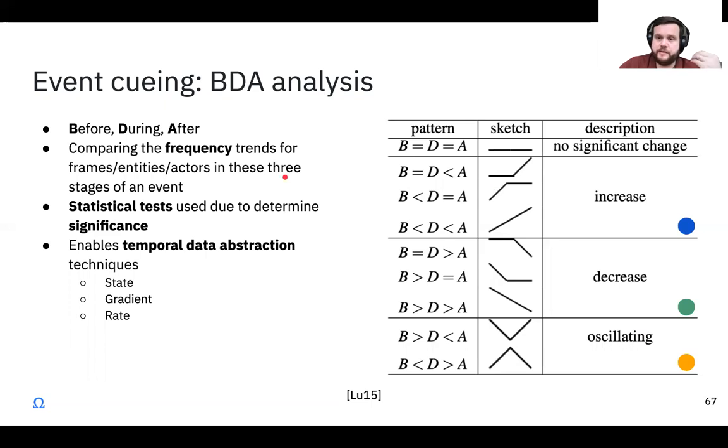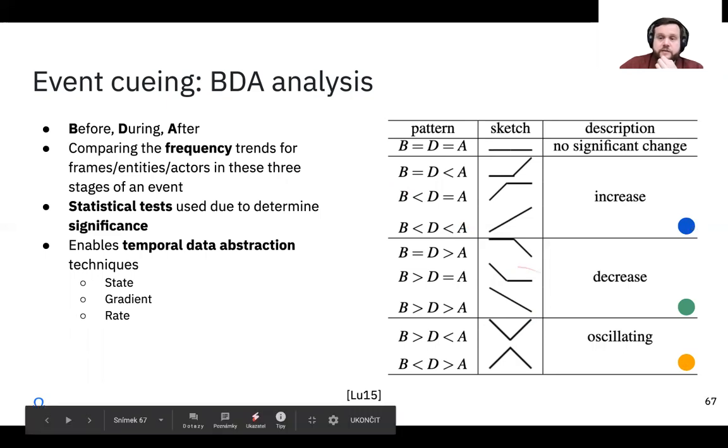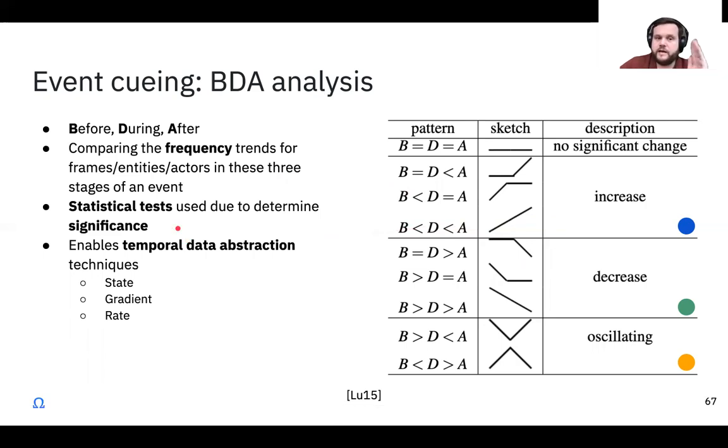If an event happens, they compare whether the frequency increased, decreased, or was oscillating. They color code it by three different shades, and significance is determined by statistical tests to establish whether there was an increase or decrease. So it's a bit more robust from various sources.